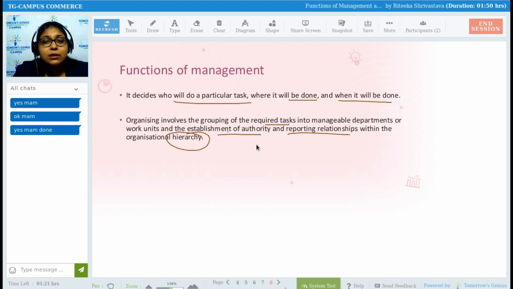So in organizing also, since you are going to assign the tasks and duties to everyone, it is important to first of all understand the relationship between the employees, who is the superior and who is the subordinate. Accordingly, you are going to share the task, share the objective of the organization, and organize each and everything which is going to be needed to reach towards your goal or objective.